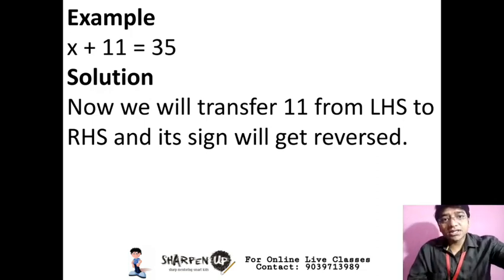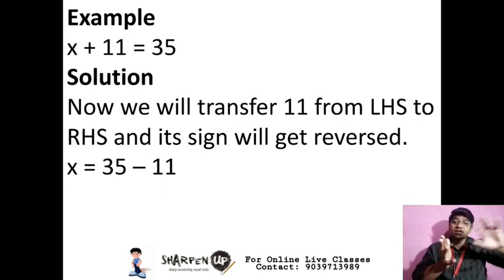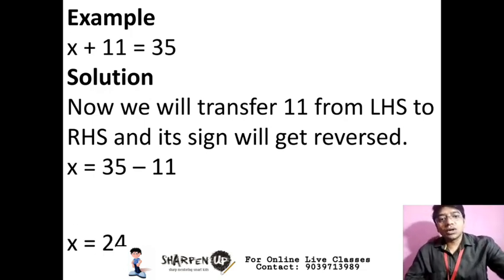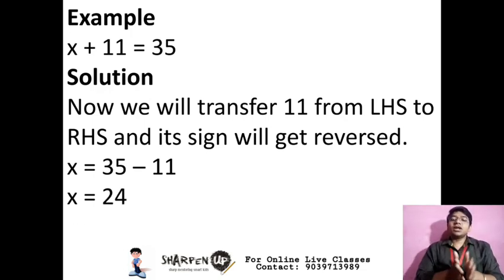Here 11 has a positive sign. If I transpose it from LHS to RHS, it will change its sign and become minus. So that means 35 minus 11. So x is equal to 24. This is the value of our variable, and this is the solution of our equation.